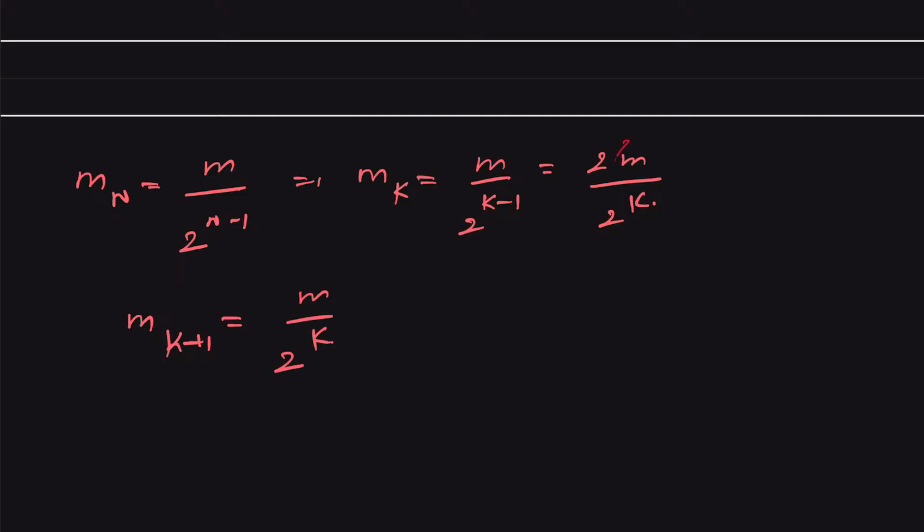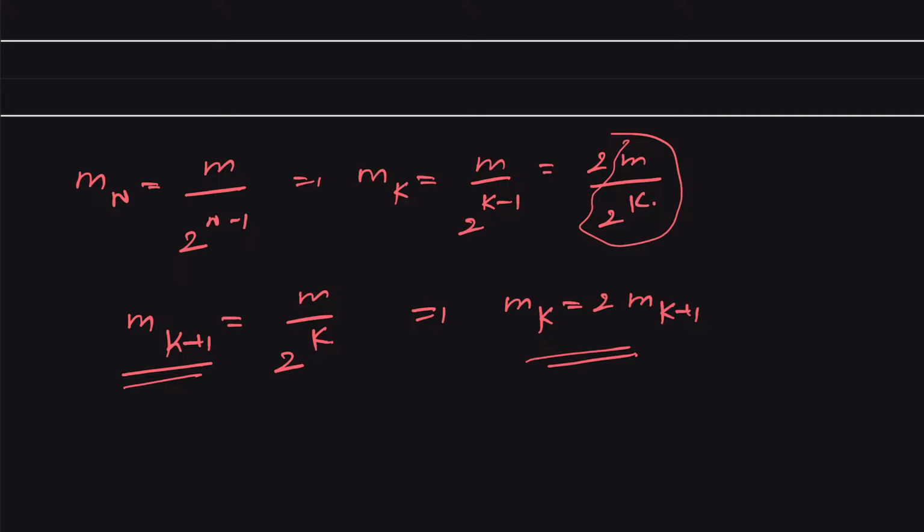It means in place of this m over 2 raised to power k, I can simply write m of k plus 1. Therefore I get from here that m of k is equal to twice m of k plus 1. So this relationship we are going to use.